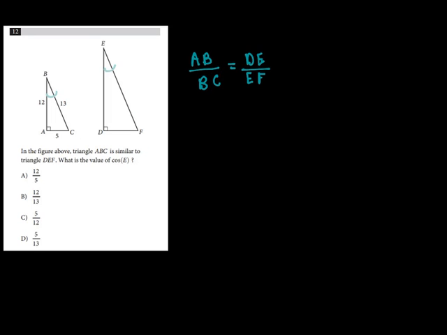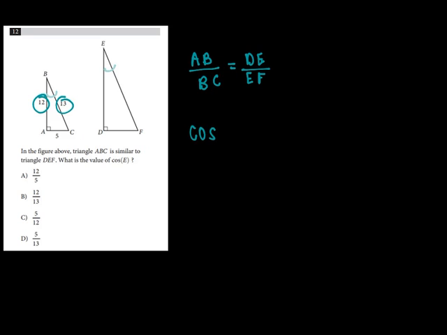We can see that in triangle ABC, since angle B is equivalent to angle E, cosine B would be adjacent over hypotenuse according to the SOHCAHTOA rules. Adjacent would be 12, and hypotenuse is 13.